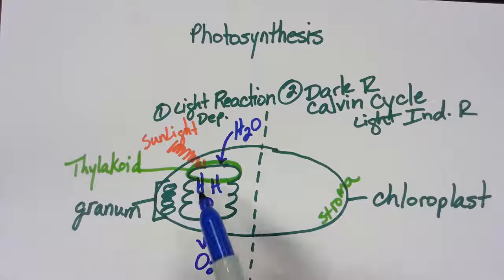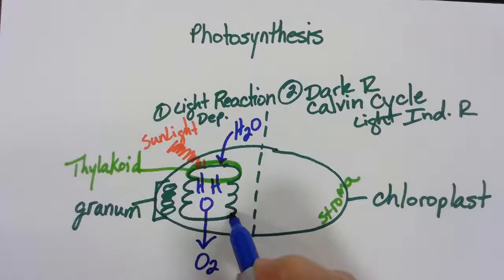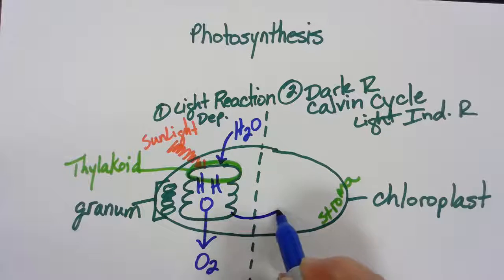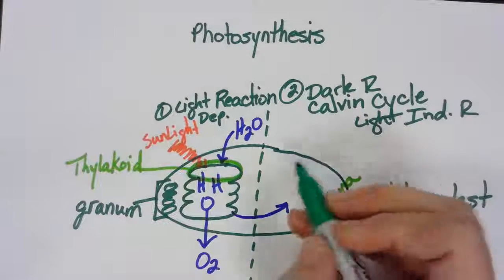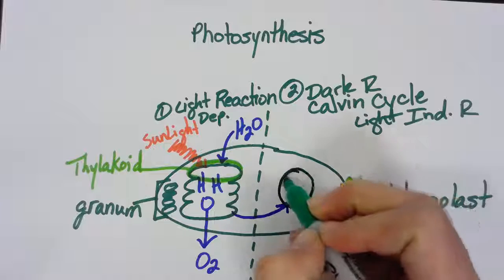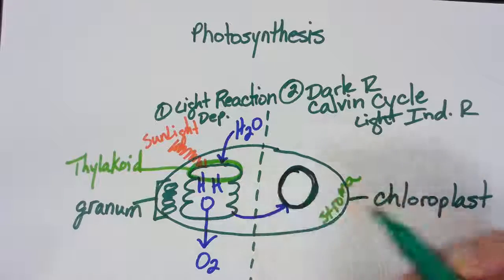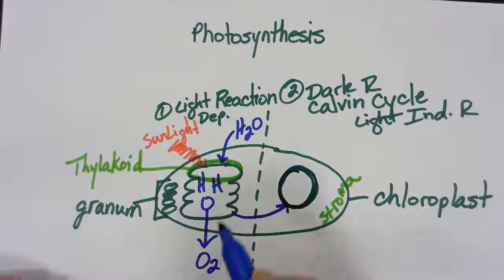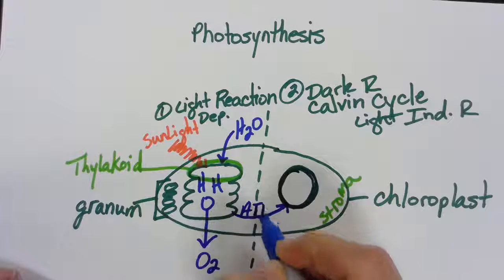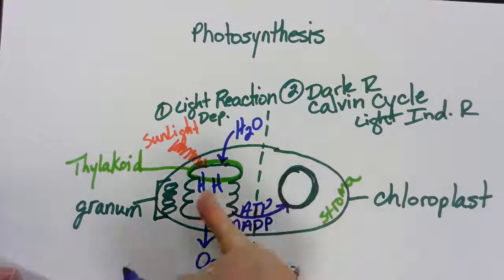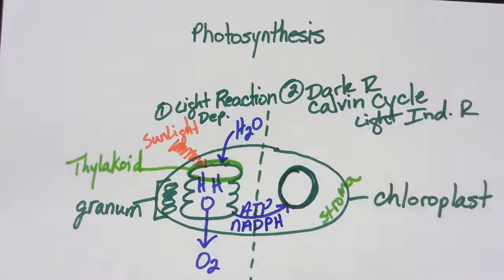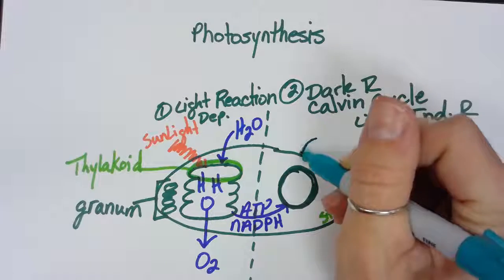Now from that we still have those H's. And what are they going to be used for? They're going to come over to our second part, which is our wonderful Calvin cycle, coming around and around and around. And it's picked up as ATP or NADP and the H. So what else is able to come in to this process on this side, the dark reaction?